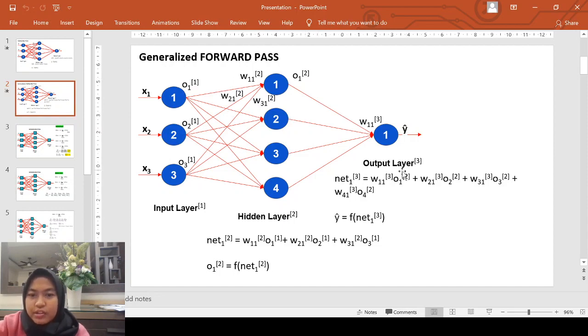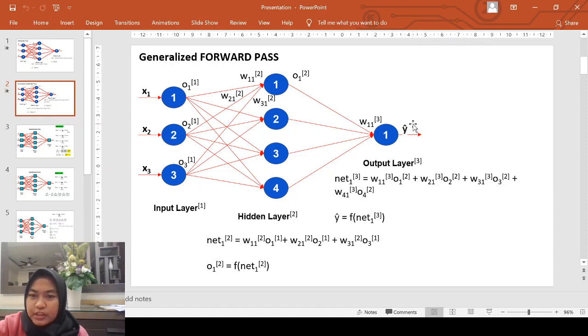And then we continue with the output of the third layer, which is node number 1 of the third layer. Net 1 of the third layer is equal to W11 of the third layer multiplied with the output of the first node of the second layer, and so on.